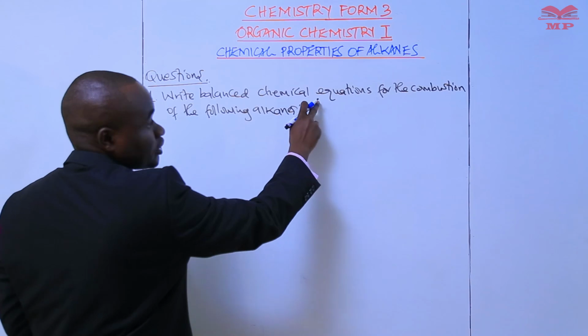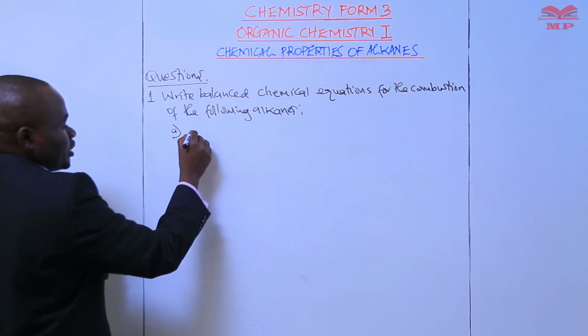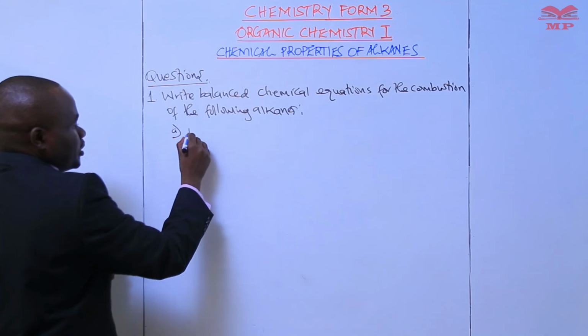So write balanced chemical equation for the combustion of the following. The first one is pentane.